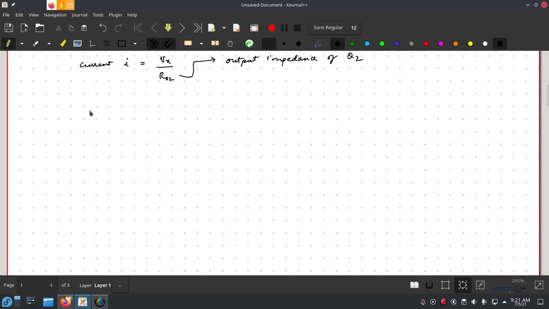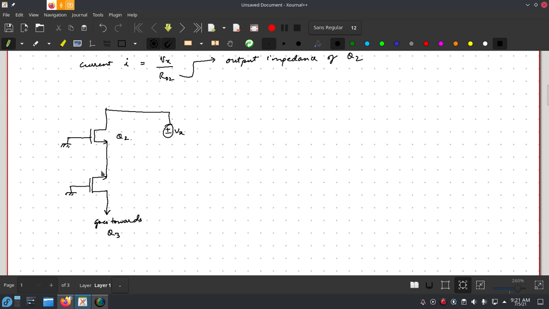I have Vx here, this is Q2, this is ground, this is connected to the source, this goes towards Q3.